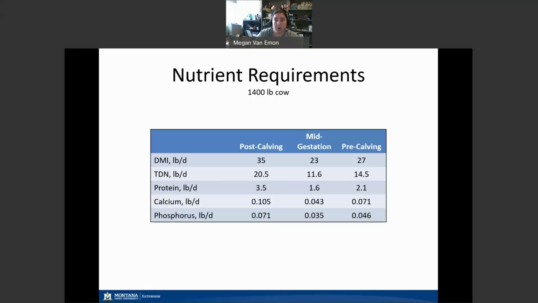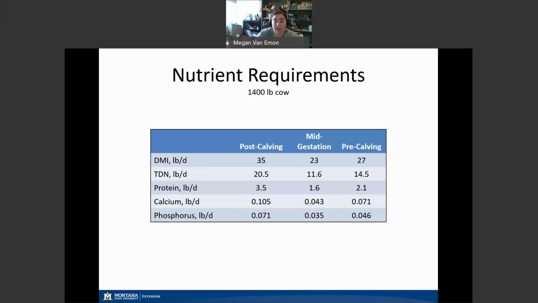So that's that last probably 60 to 90 days prior to calving, when that calf is growing exponentially in that uterus, and they're putting a huge demand on those cow requirements. Now, if we look at post-calving, which a lot of our livestock producers are in right now, once again, energy and protein are increasing.